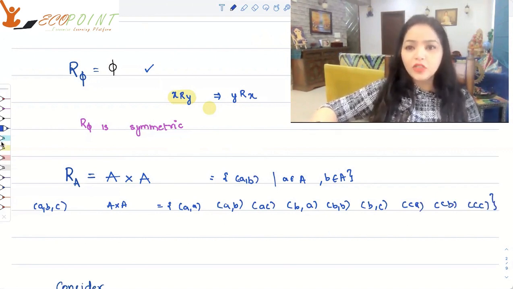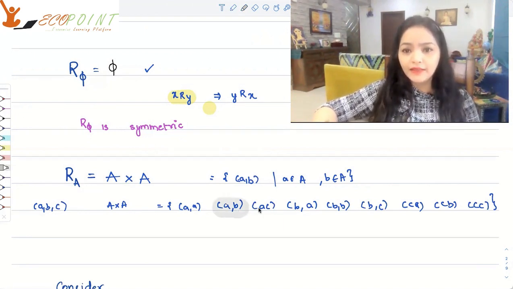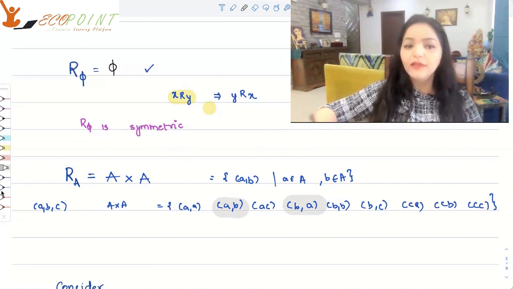Now, our definition of symmetric relation means that if ARB, then BRA. In case AB is here in the set, then BA has to be here in the set. And since A cross A consists of all the possible combinations of the elements that you have in A, that means our relation is symmetric.